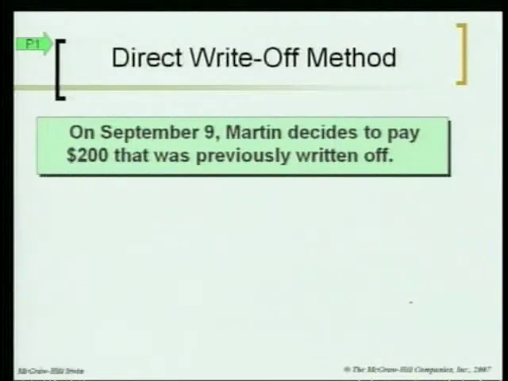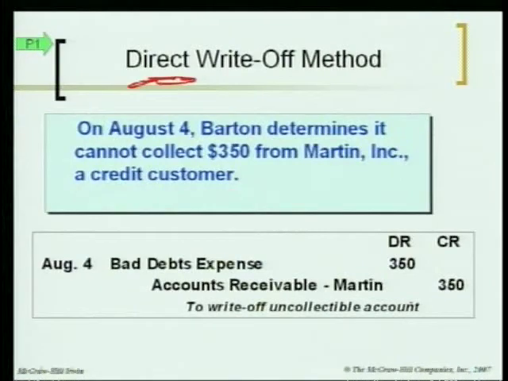But there's a problem with the direct write-off method. We wrote off this account on August the 4th, right? We no doubt wrote this account off only after we had exerted quite a bit of effort in trying to collect this receivable. Are you with me? So here's the deal, coming off the PowerPoint and coming to me live.